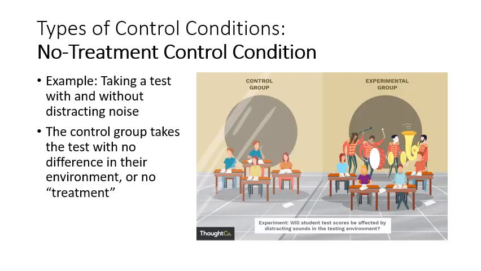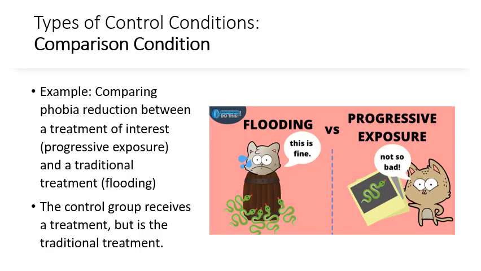So this first example is the no treatment control condition. An example is taking a test with and without distracting noise, and you can see that the control group takes the test with no difference in their environment, or no treatment. A comparison condition control is comparing phobia treatments. A phobia is a deep anxiety-producing fear of a particular thing.